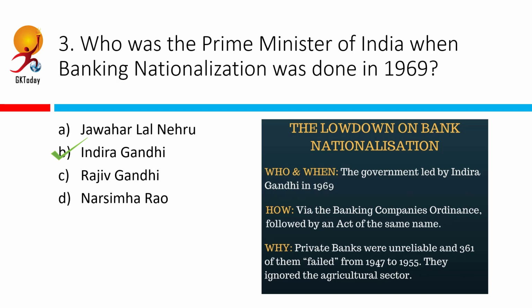The second stage happened in 1980. Now, in 1969, it happened via the Banking Companies Ordinance, which was followed by an act of the same name. And why was this done? This was done because private banks became unreliable and the public wasn't trusting them and not storing their money in banks. So in order to get the public to trust them the way they trusted the government, banks were nationalized.